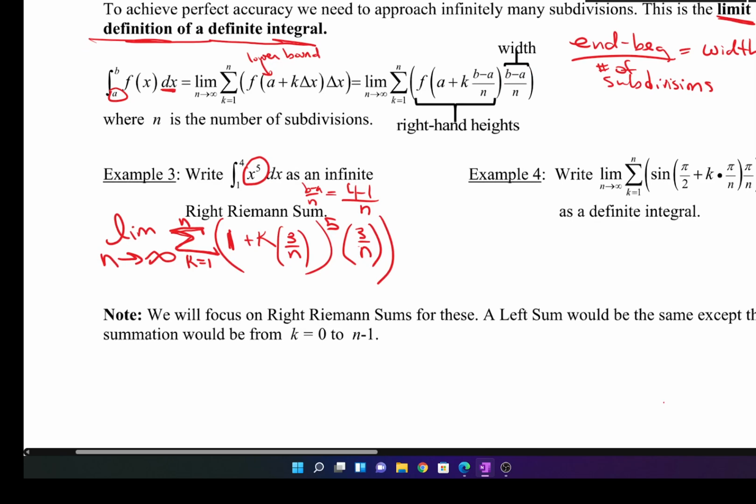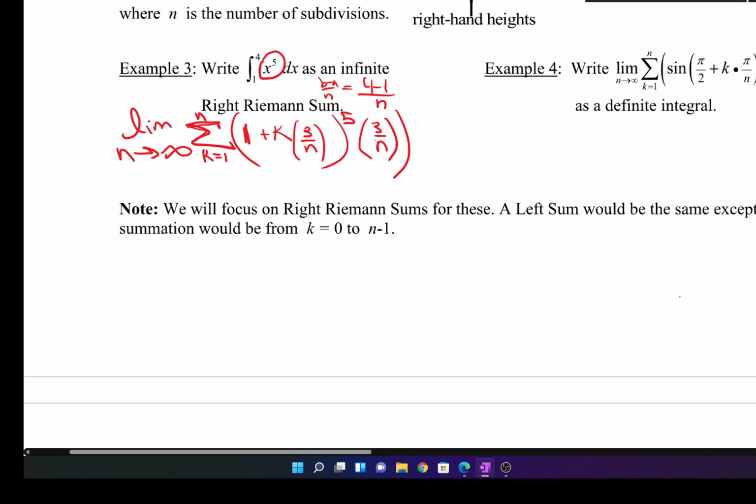Okay, I bet you would love it if I did just another really quick one. So here's another quick one. All right, so let's say that I'm going from 3 to 10, and I'm doing x squared dx. Do you want to try it? Pause.